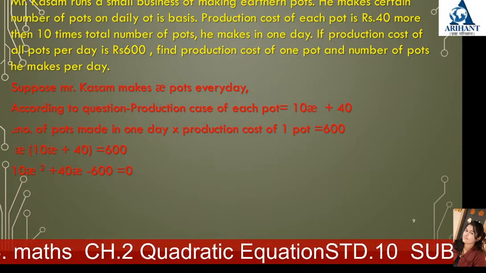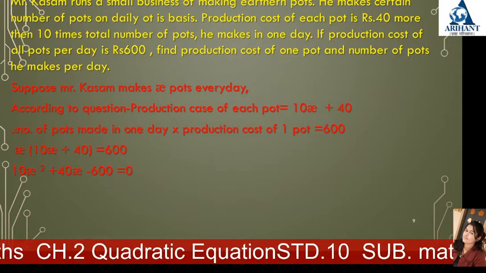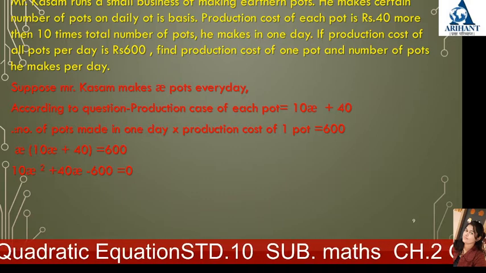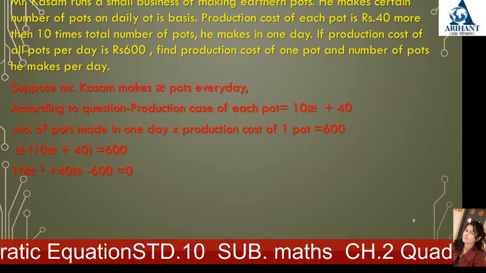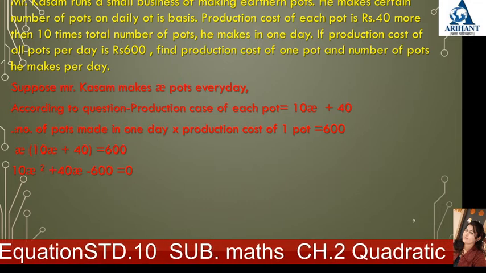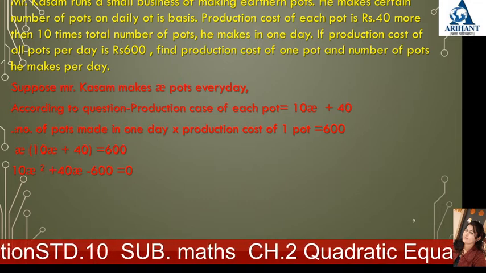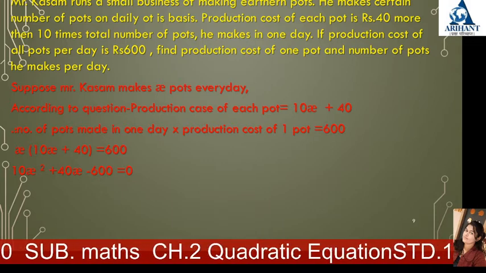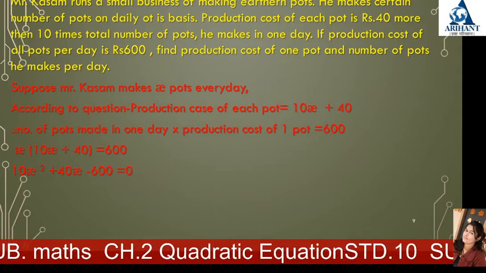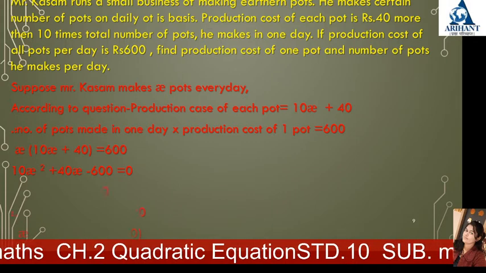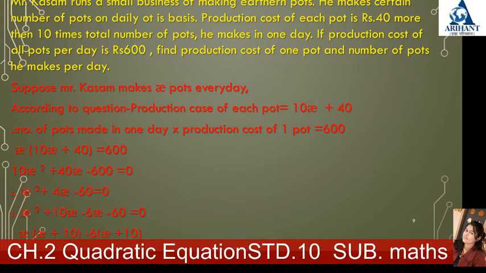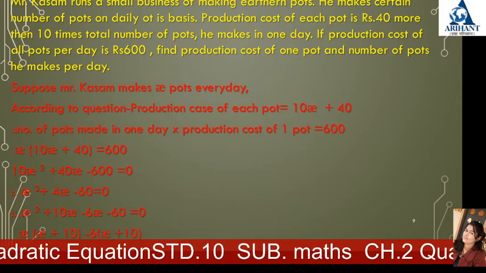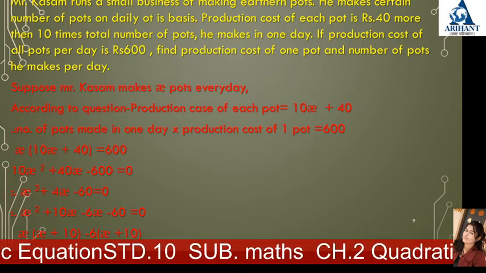We can solve the bracket by multiplying x into the bracket. So 10x square plus 40x. Let's move 600 to the left side, so it becomes minus 600 is equal to 0. Therefore, x square plus 4x minus 60 is equal to 0.